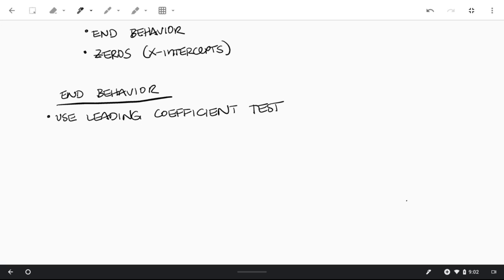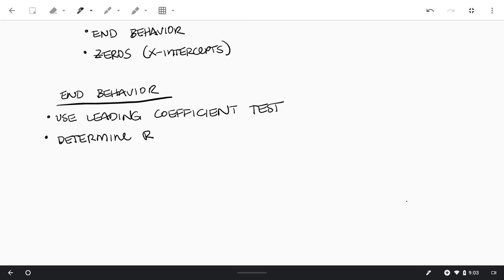What we do is we determine the right-hand behavior. I am going to be using RHB in the future, right-hand behavior.